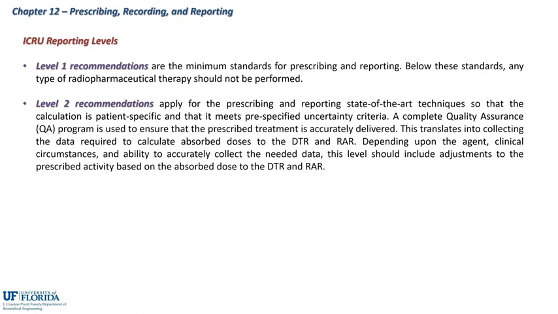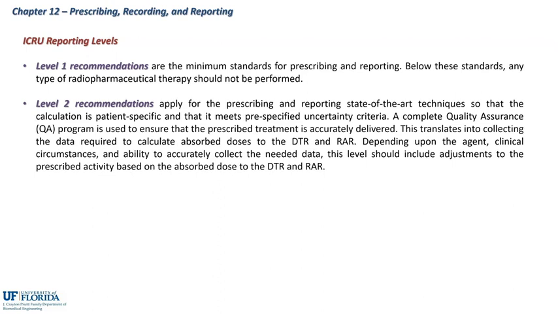Level 2, which is what you want to aspire to, applies for prescribing and reporting state-of-the-art techniques, so that the calculation is patient-specific and meets pre-specified uncertainty criteria. A complete quality assurance program is used to ensure that the prescribed treatment is accurately delivered.